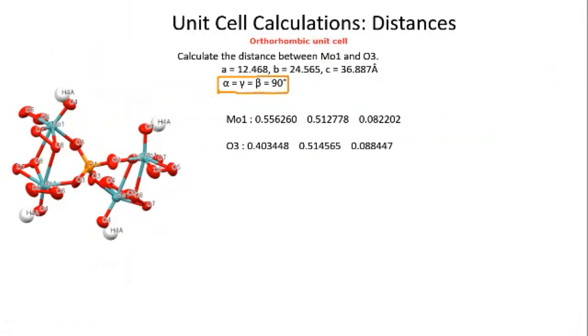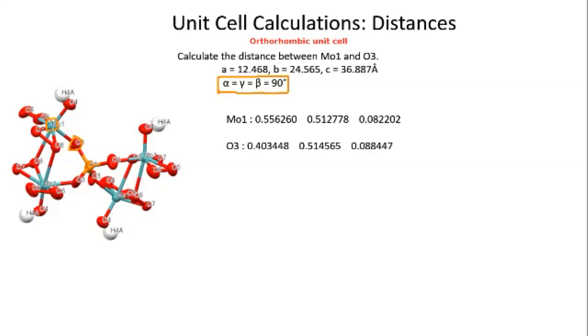Now we want to know the distance between a molybdenum atom and an oxygen atom. So we have molybdenum 1 and oxygen 3. Now I'm not too familiar with molybdenum oxygen bond distances, but since this is a metal non-metal bonding interaction, I would assume it's going to be kind of a long bond, maybe 2 angstroms, somewhere in that ballpark.